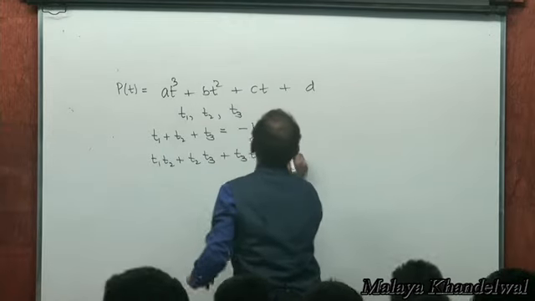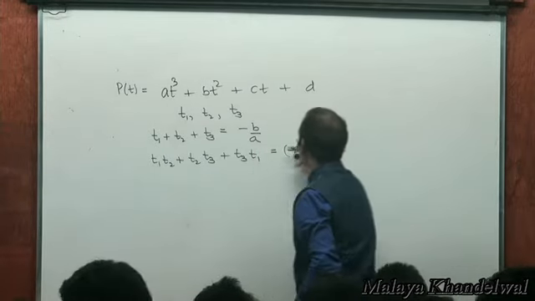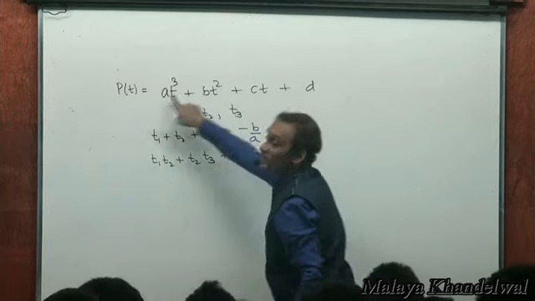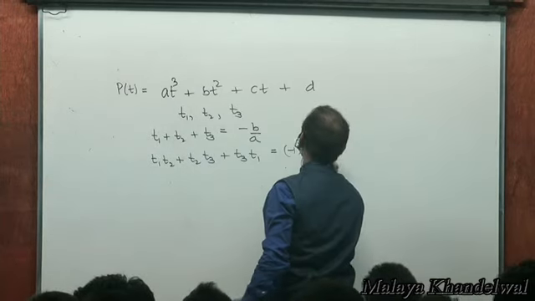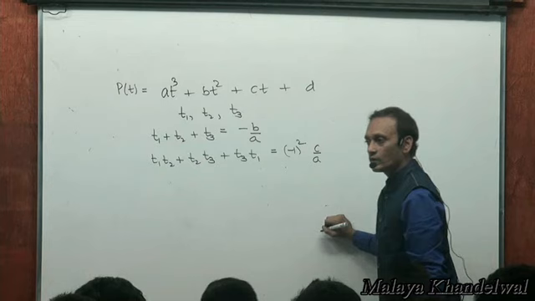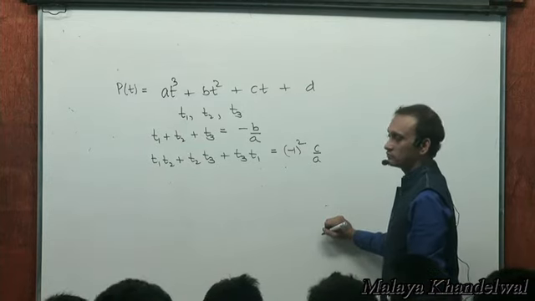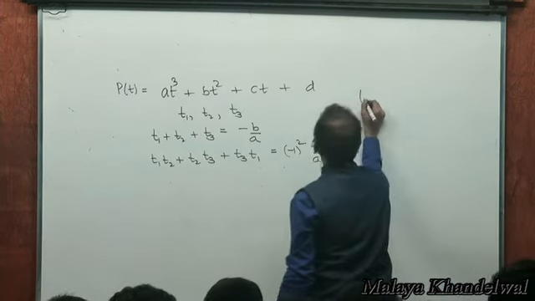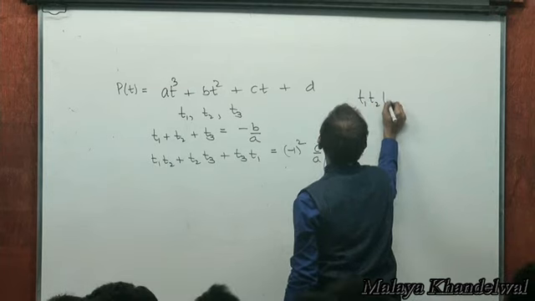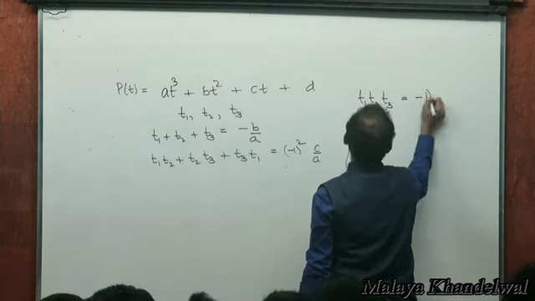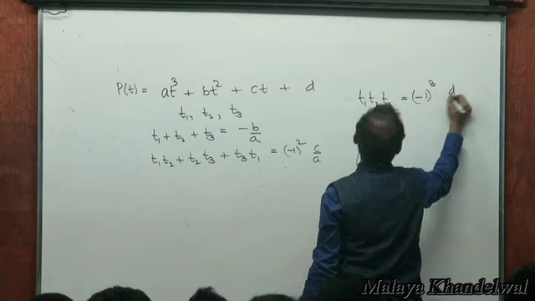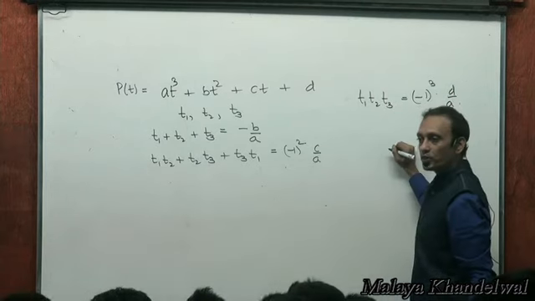That's going to be minus 1 squared into c divided by a. Right? And the product of the roots t1, t2, t3 is going to be minus 1 cubed into d divided by a. That's the product of the roots.